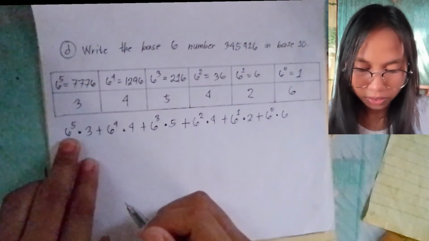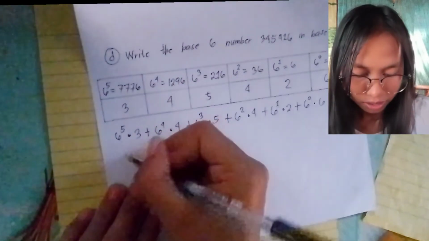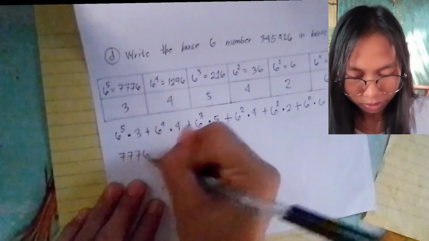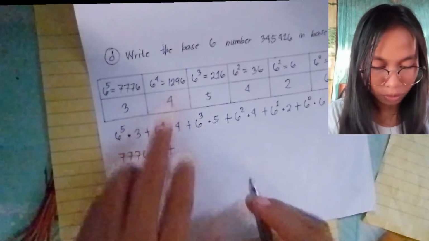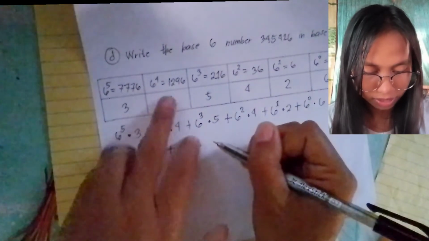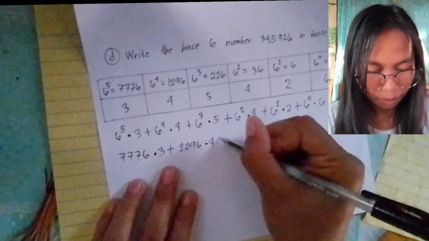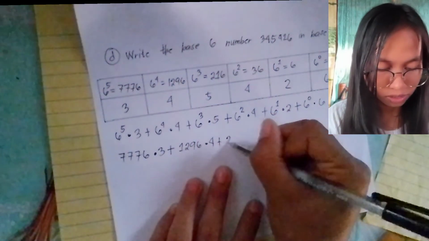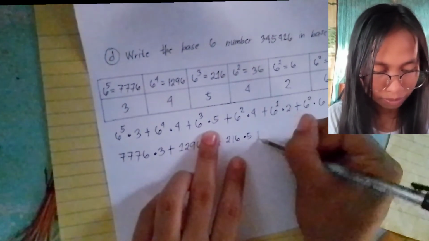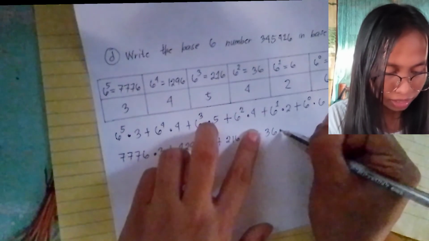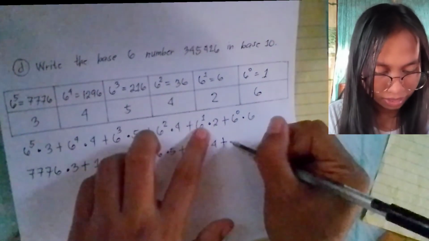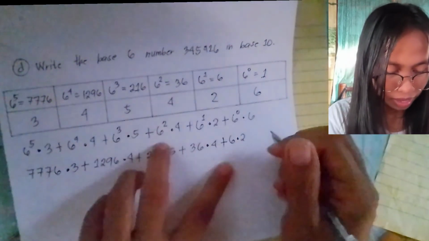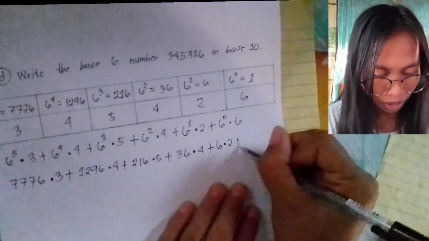So, 6 raised to the power of 5 is 7,776 times 3 plus 6 raised to the power of 4 is 1,296 times 4 plus 6 raised to the power of 3 is 216 times 5 plus 36 times 4 plus 6 times 2 and 6 raised to the power of 0 is 1 times 6.